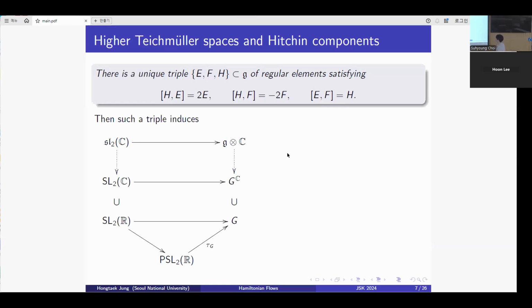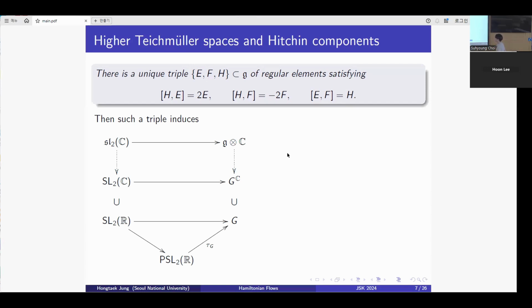So once we have this, we have an isomorphism from sl2C into the complexification of your Lie algebra. And this Lie algebra embedding can be integrated to a Lie group embedding of PSL2C into your complexified Lie group. This can be done because our SL2C Lie group is simply connected.